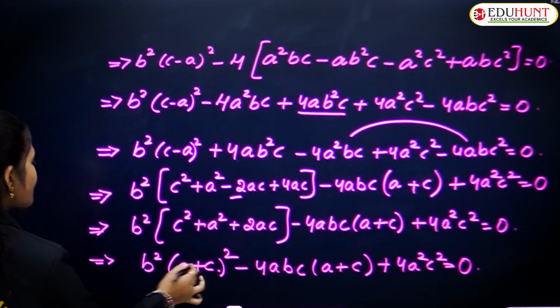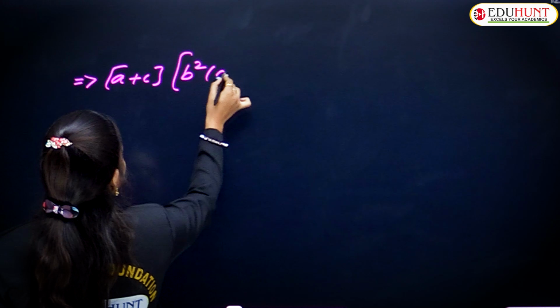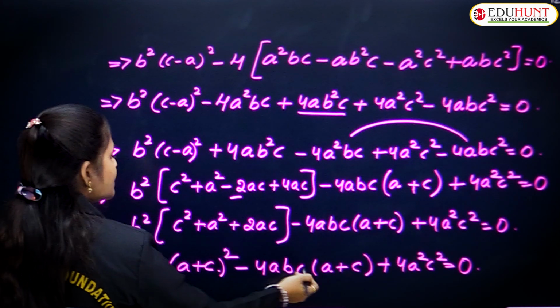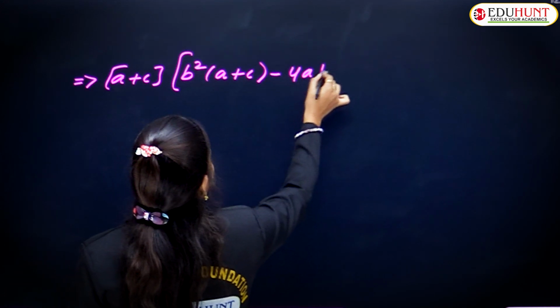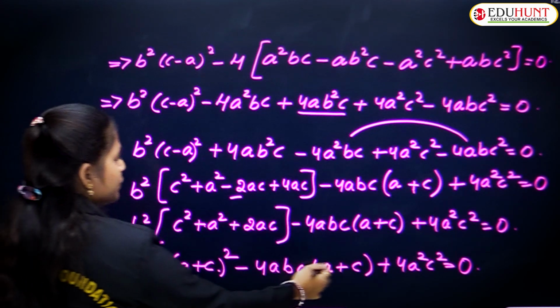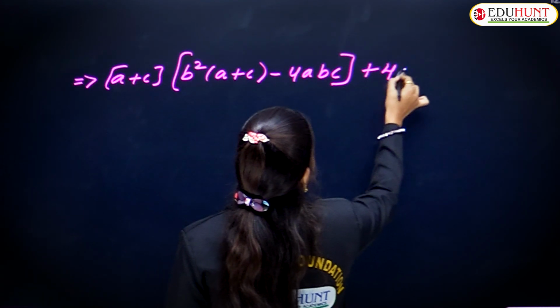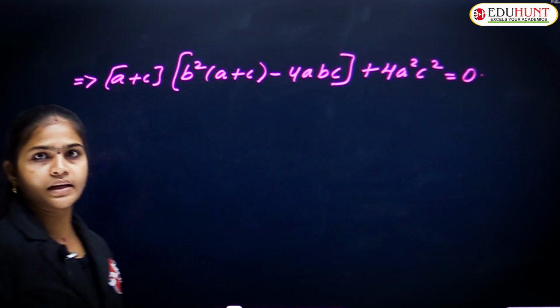So that's why b square into a plus c, and here the leftover minus 4abc, plus 4a square c square, which is equal to 0. Clear?